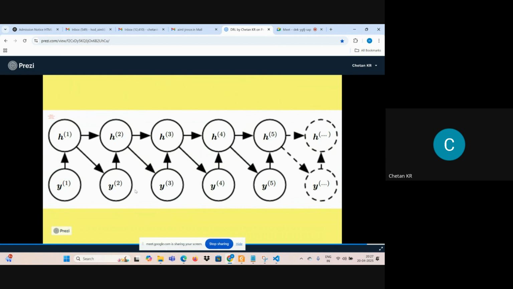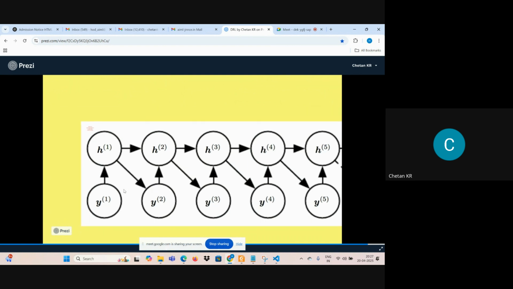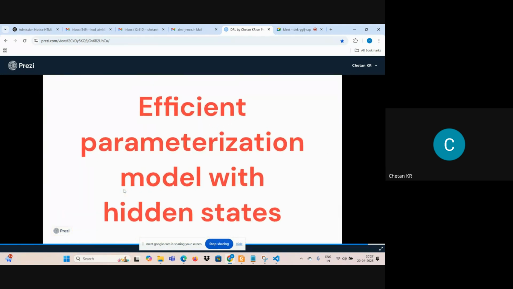Rather than simply connecting the outputs, they are indirectly connected now. The output is connected to a hidden state, which is then connected to the next output. Like that you do it. This reduces the number of connections between the outputs. So this is called an efficient parameterized model with hidden states.